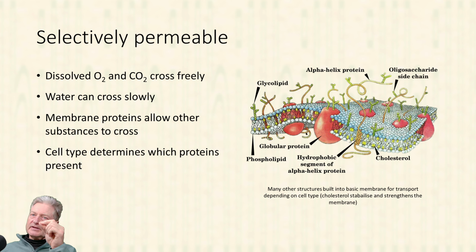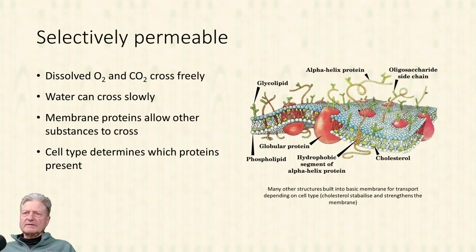So each cell determines which proteins are present in its membrane, and that's determined by a number of factors, transcription factors and things like that, that tell the cell what it has to become, what it has to make. But what it means is that every cell is different depending on its cell type. And that means that in order to determine what can cross a cell membrane, you need to know the cell type and you need to know what proteins are in the membrane.